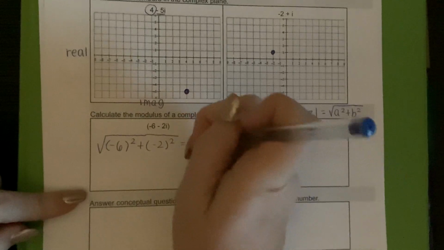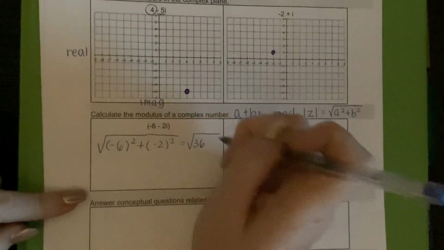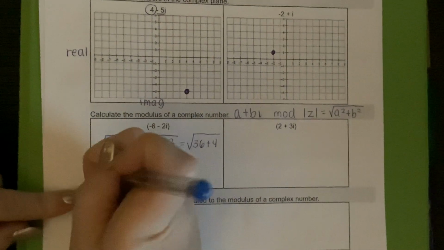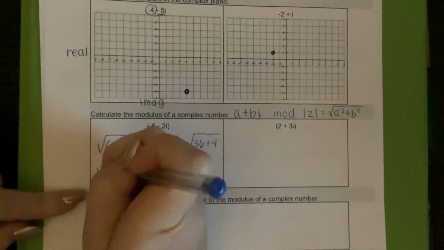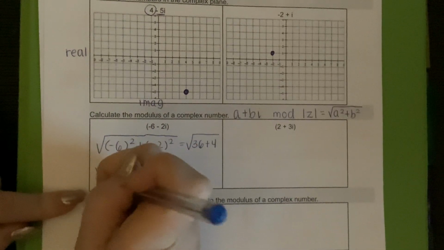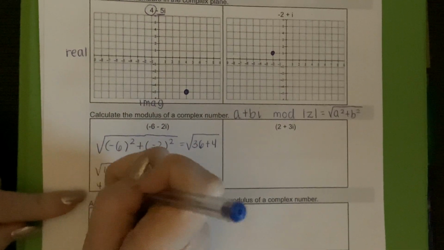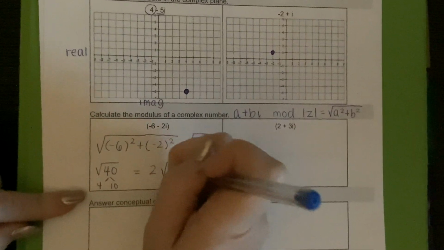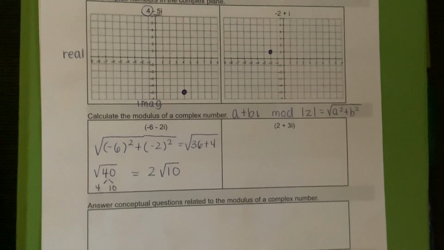This would be equal to 36 plus 4. So the square root of 40, you should be able to break that up into perfect squares. The only square that divides into it is 4, and it's going to be 4 and 10. So this is 2 root 10. You take the square root when you pull it out.